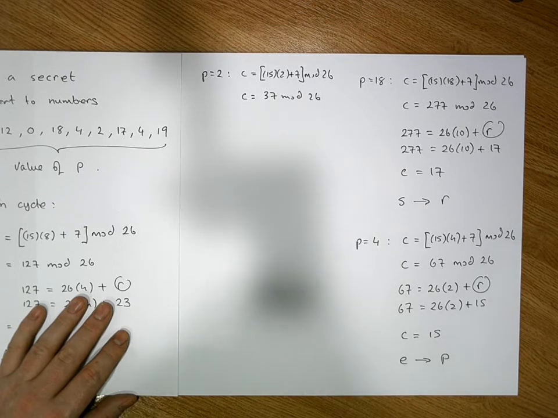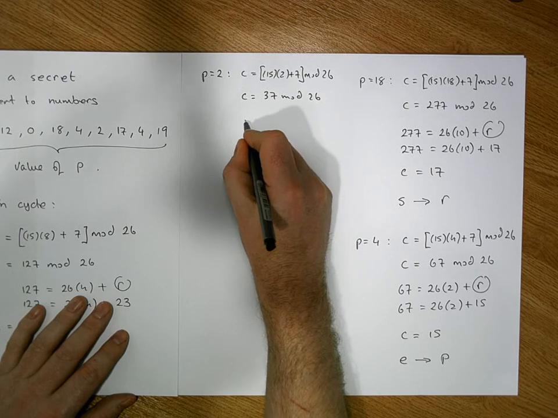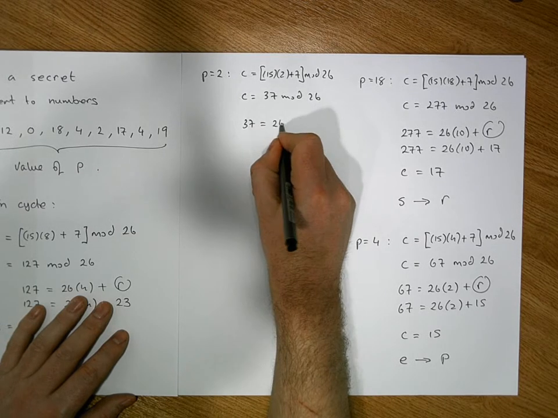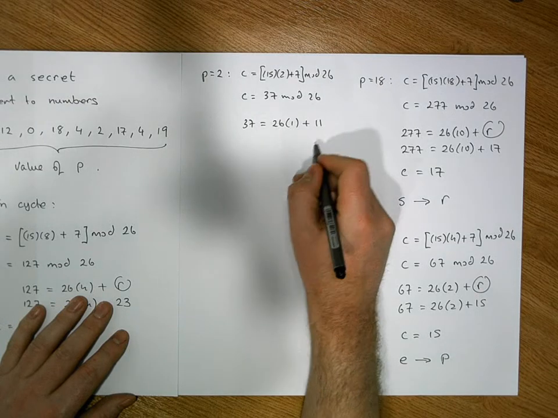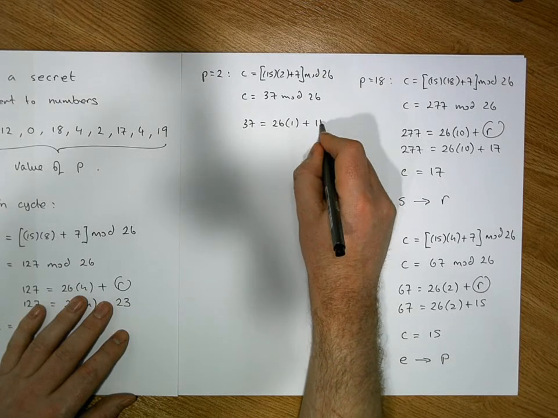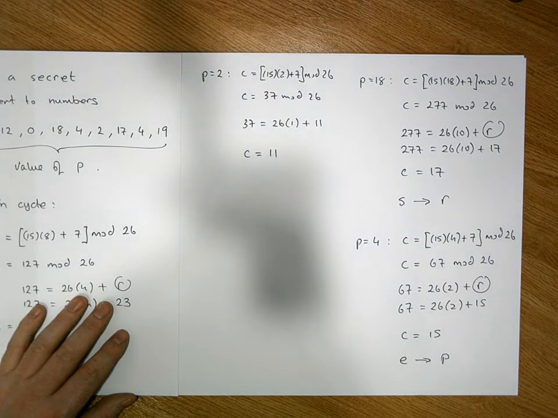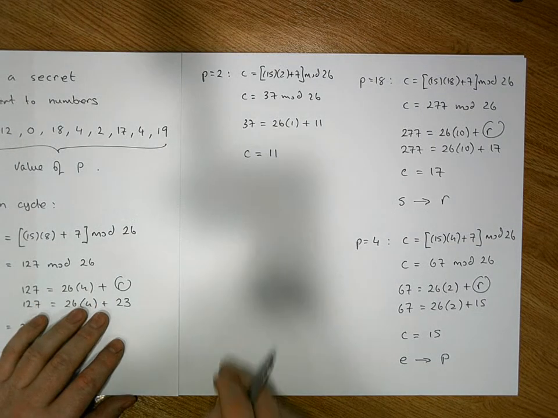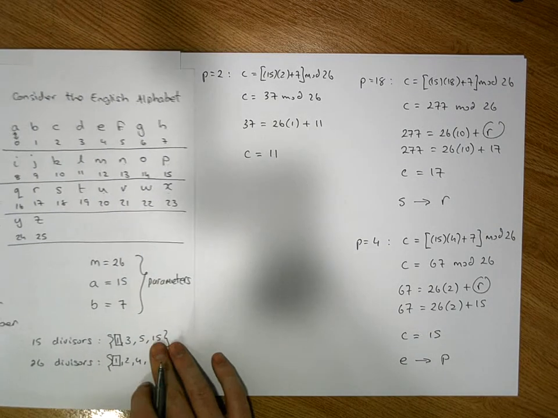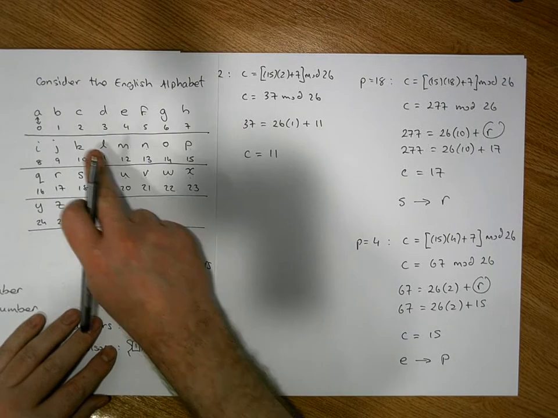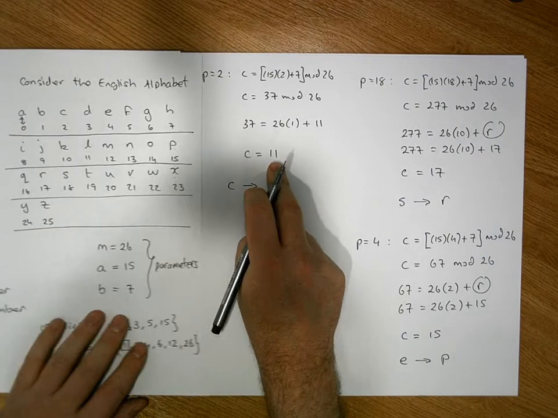So 37 equals 26 times 1 plus 11, and this is the remainder we're interested in. So our ciphertext is equal to 11. The plaintext 2 is a C, so C is taken to 11, and 11 is the character L.